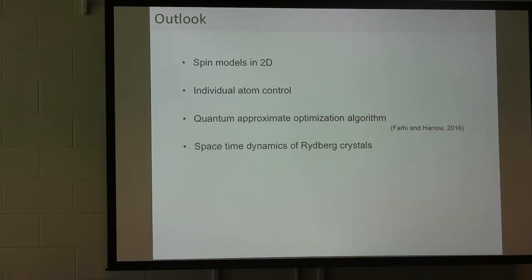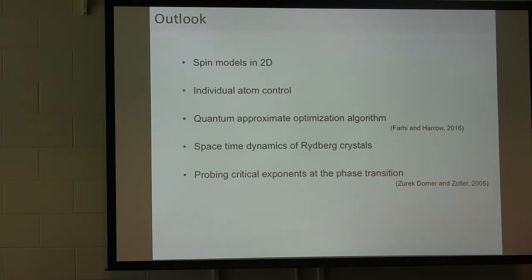But maybe higher up the list in our agenda is to keep on studying the space-time dynamics of Rydberg crystals. We're also very interested in probing the critical exponents at the phase transition, and we now have reasons to believe that our setup would be a nice platform to try to observe the Kibble-Zurek type mechanism, where as you approach the phase transition, your dynamics freezes at some point, and you get a typical density of domain walls, which has a power law that depends on your critical exponents.